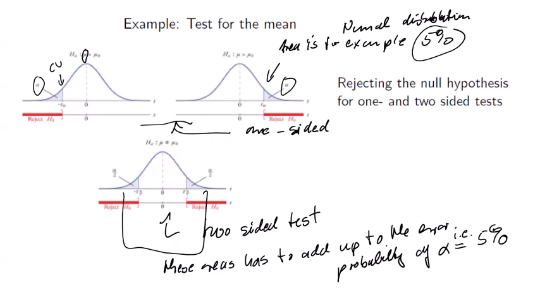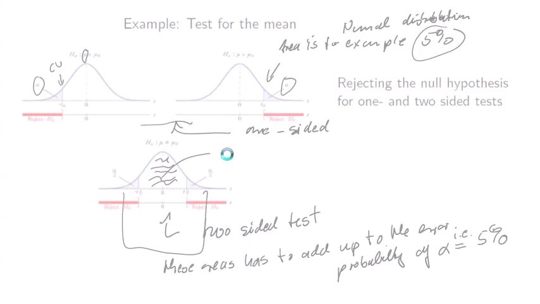And on the other way around, this overall probability would be then 95%.